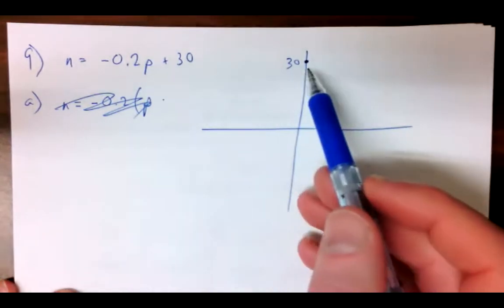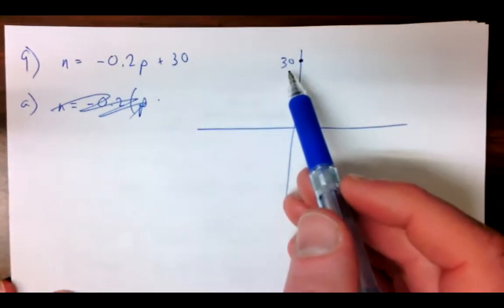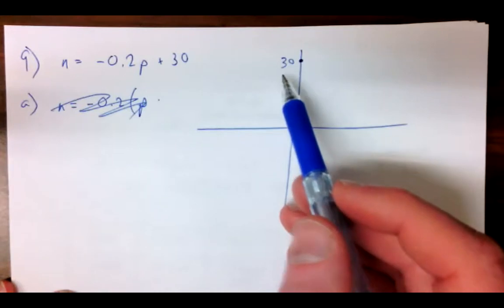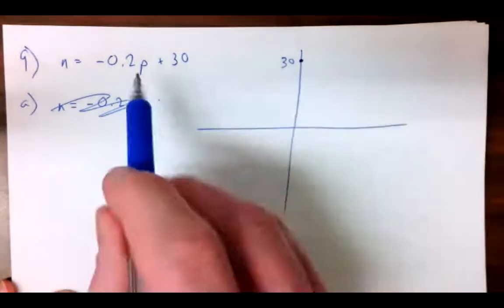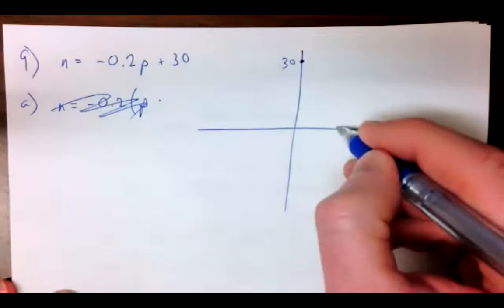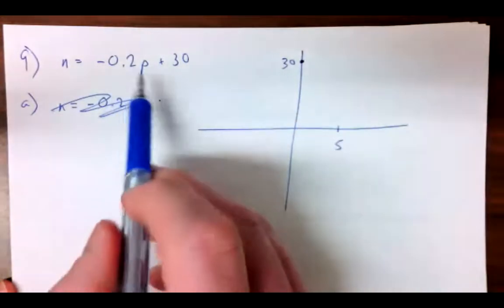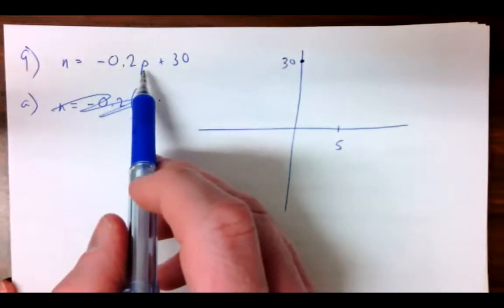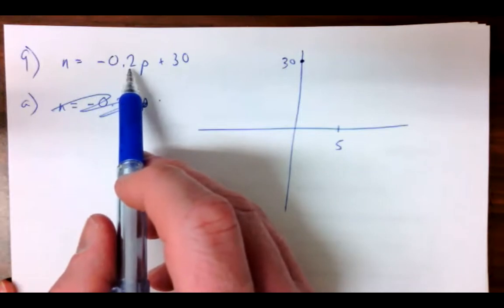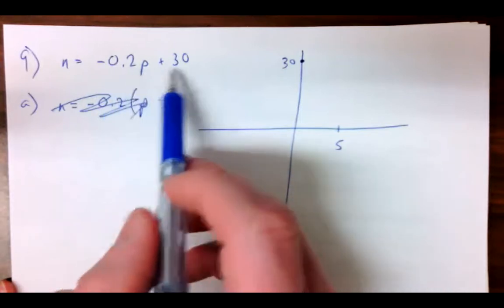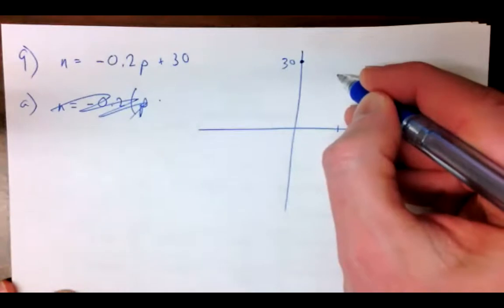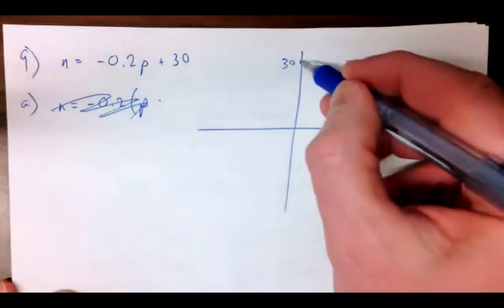Well, that seems like the highest number, because as soon as we add anything, let's say 5, 5 times negative 0.2 is negative 1. Negative 1 plus 30 is 29. So it's just going to go down.